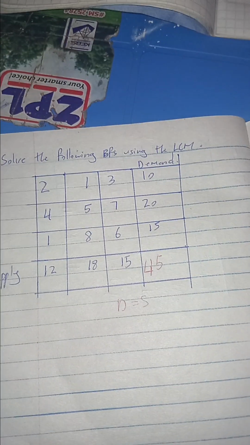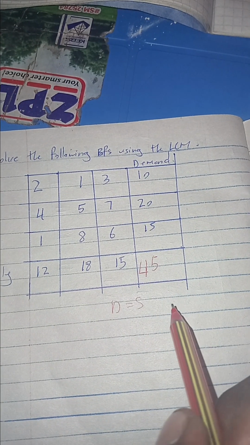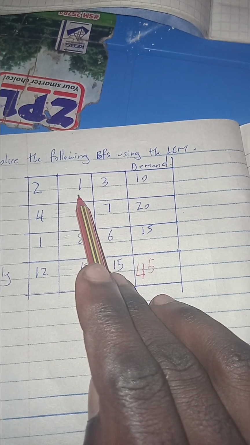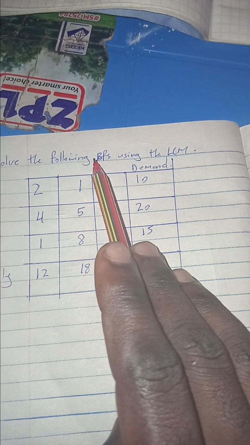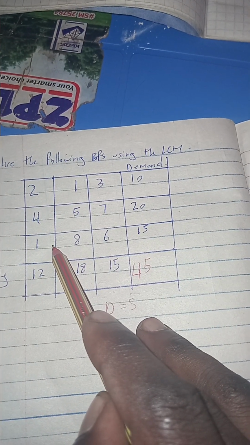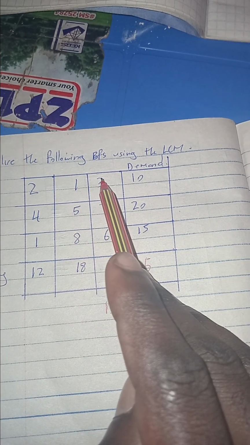Now, let's start checking on our table here. Remember that we have to allocate starting with the minimum cost. So the minimum here in our table, we have 1. But remember that our 1 is not unique, we have another one here. So what can we do? We check on the demand side.